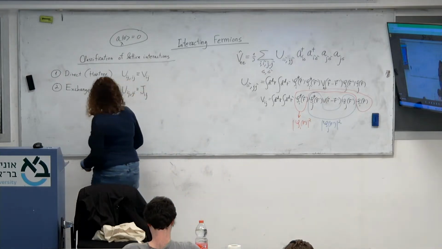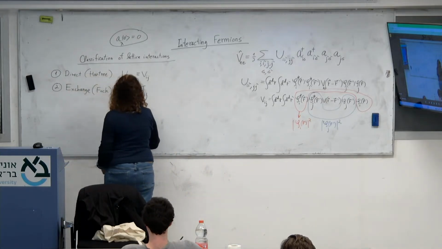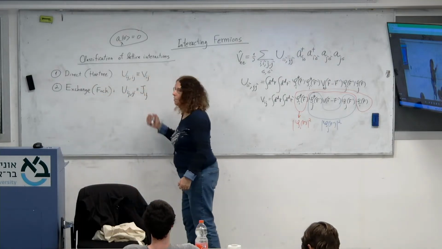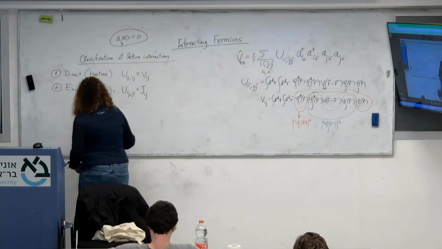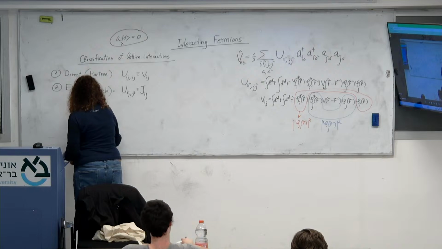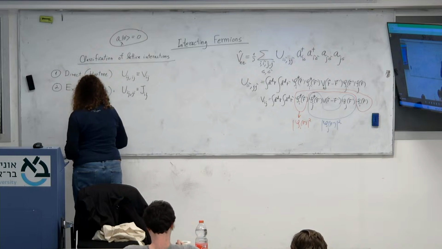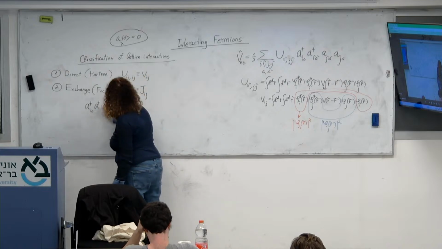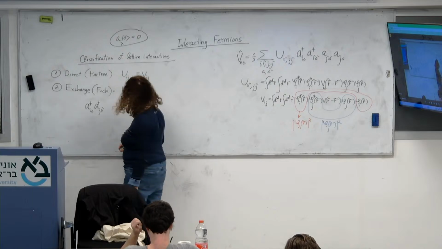Okay, so what does it describe? What does it mean to exchange the two last indices? The terms that are contributing to it are of the form a dagger I sigma, a dagger J sigma prime, just like before.